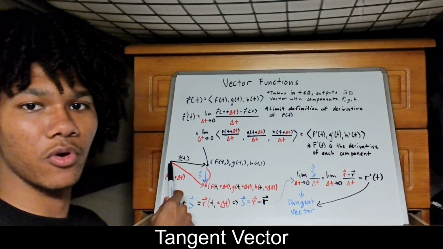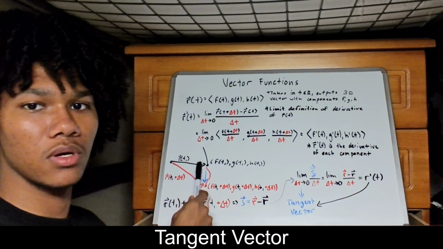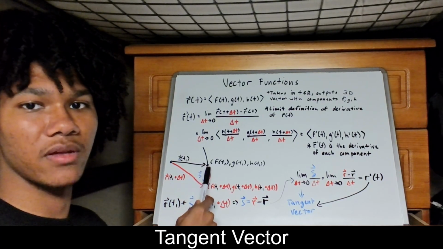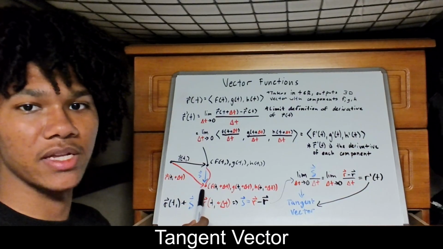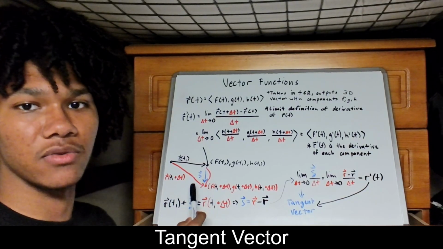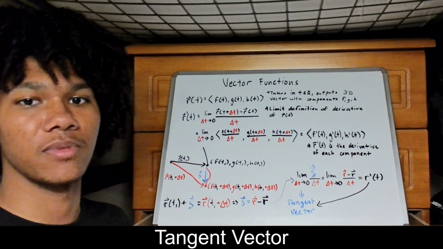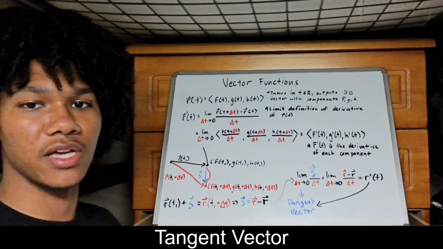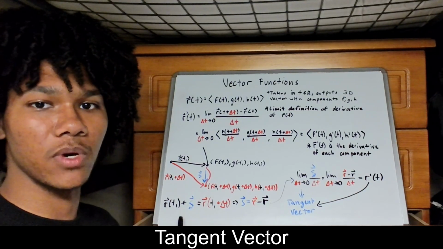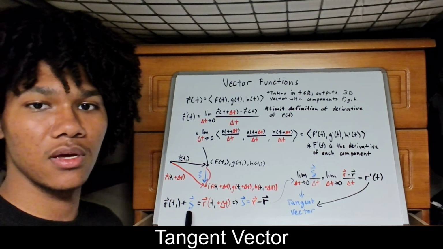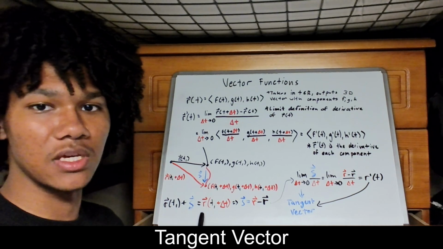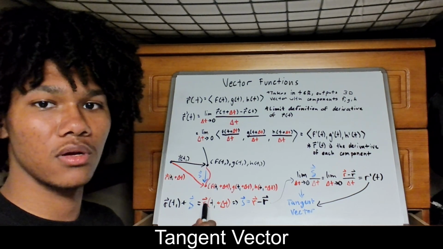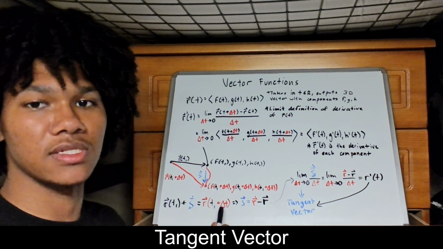If we start from the origin and go along our first vector and then add the secant vector, we end up at our second vector with the addition of the change in time. To write that algebraically, r of t1 plus vector s, our secant vector, is equal to r of t1 plus delta t.